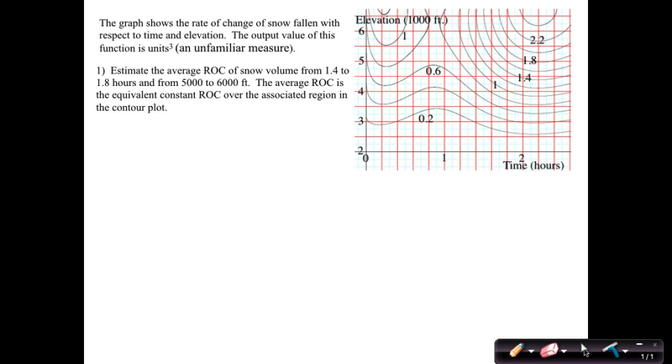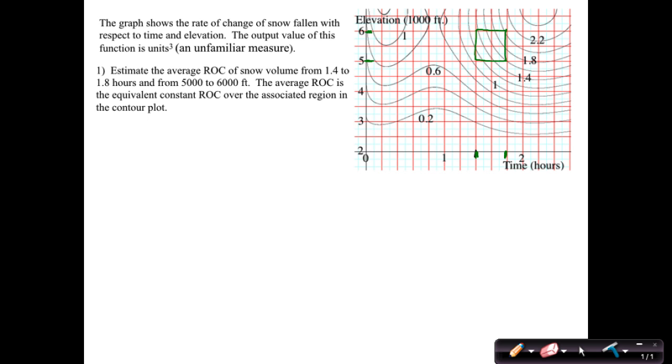So if we were to look at from 1.4 to 1.8 hours, so say from here to here, from there to there, and from 5,000 to 6,000 feet, that would be this part of the contour plot right here.